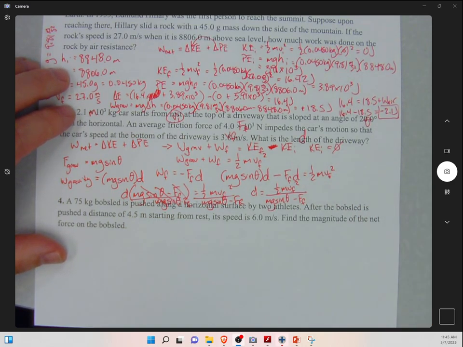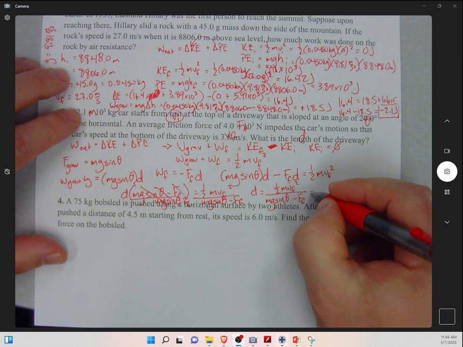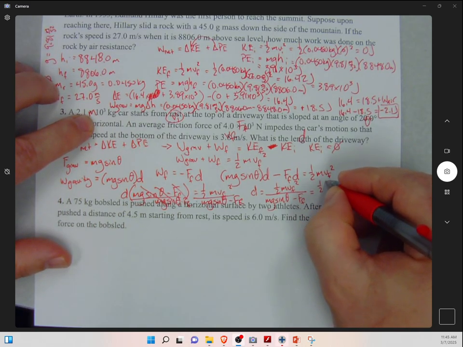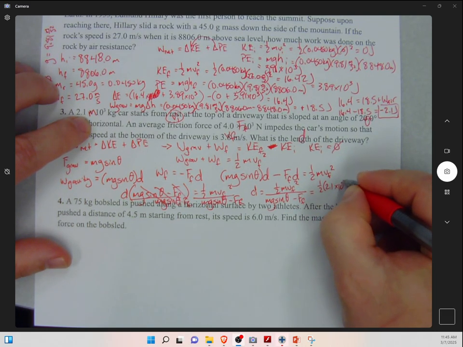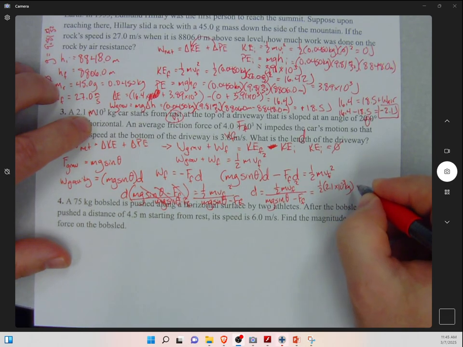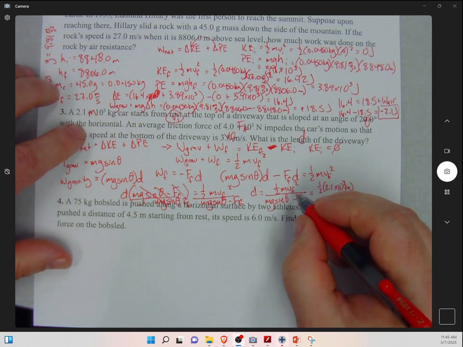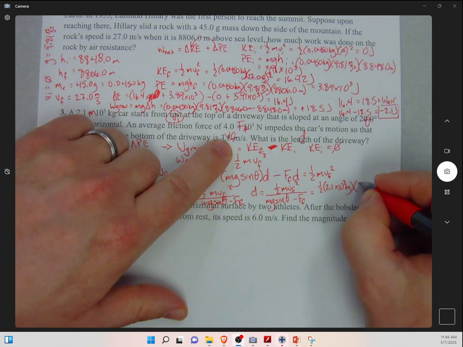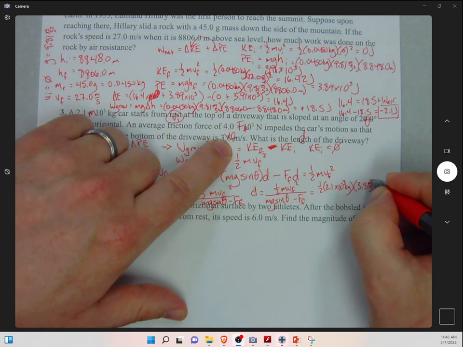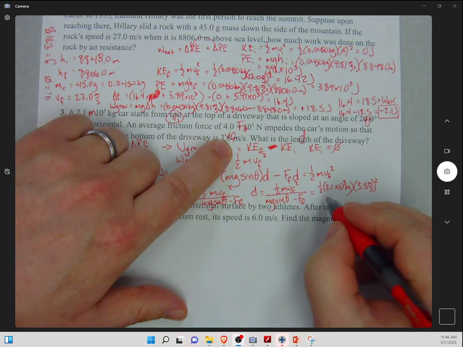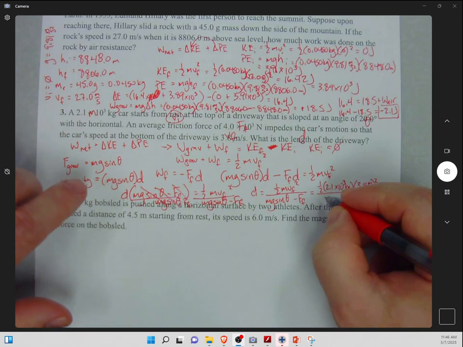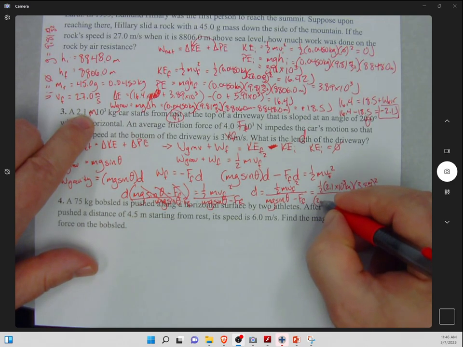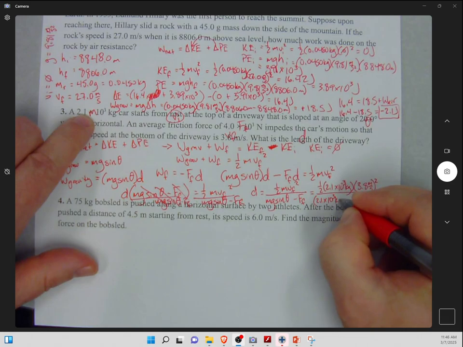Once I actually do my calculations in here, my mass 2.1 times 10 to the third kilograms. Final velocity, right here, 3.8 meters per second. I'm going to square that. Mass again, 2.1 times 10 to the third kilograms.